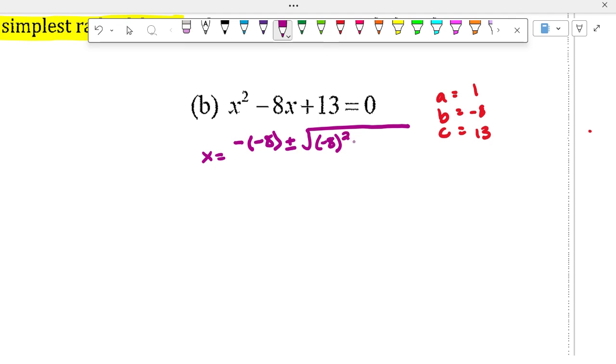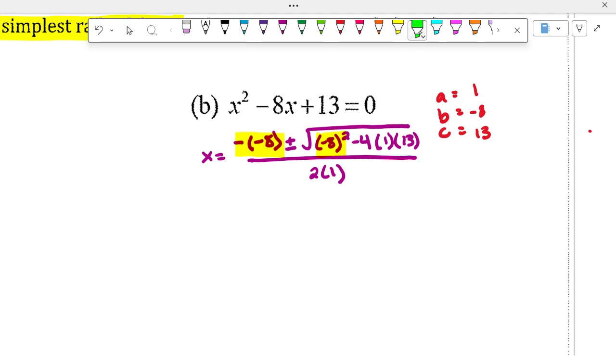Squared. Then 4 times what? Times. All over what? 2 times 1. So now we've got something extra to simplify, which is the negative times the negative.